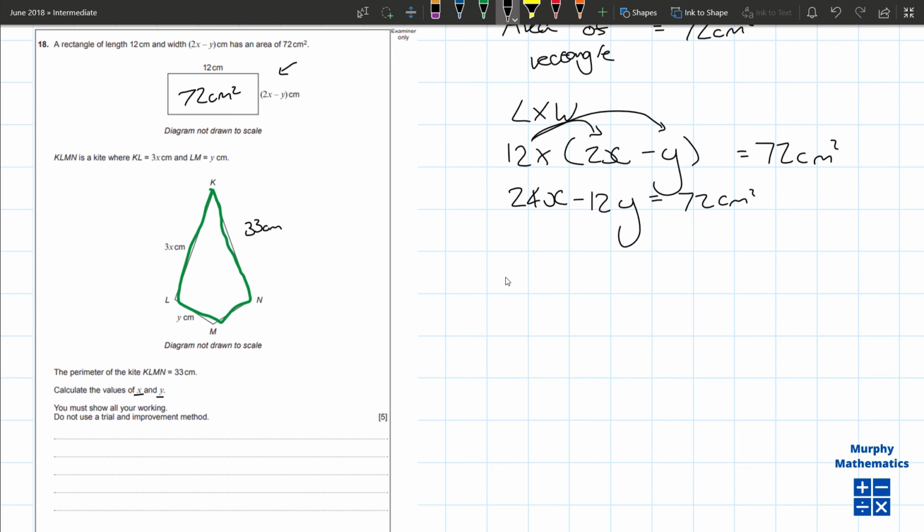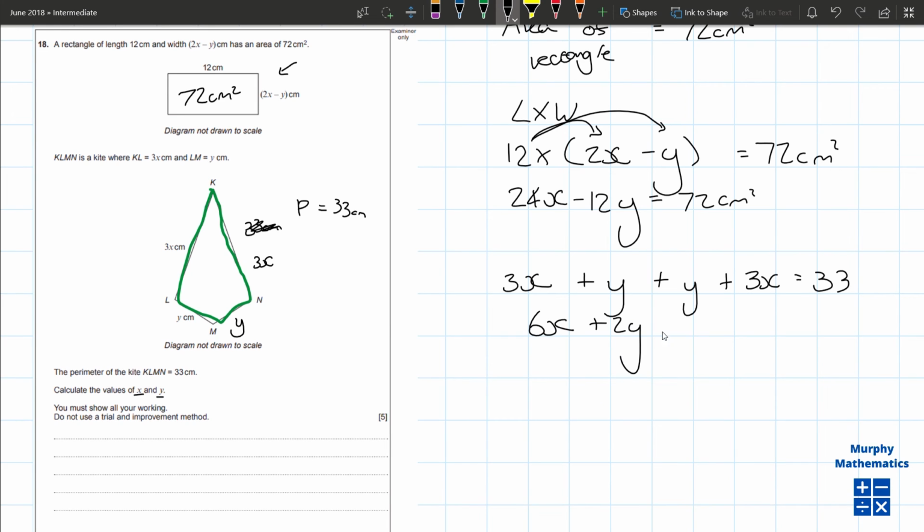So we have 3x plus y plus another y plus 3x, and that is 33. Collecting like terms, I'll have 6x plus 2y equals 33 centimeters.